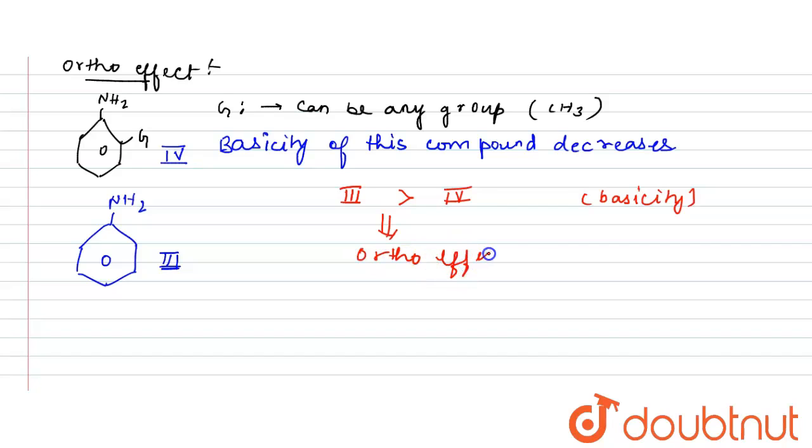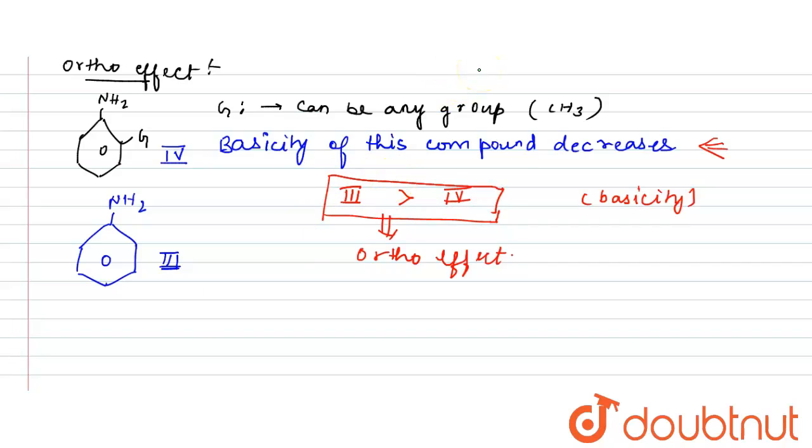This is the basicity order because of the ortho effect. Because in 4 you have a group attached at the ortho position, and due to this group the basicity of this compound will decrease. And why is it decreasing? It is due to steric hindrance. Because of the steric hindrance of this G group, the basicity decreases, and that's why we say that 3 is more basic than 4, right?